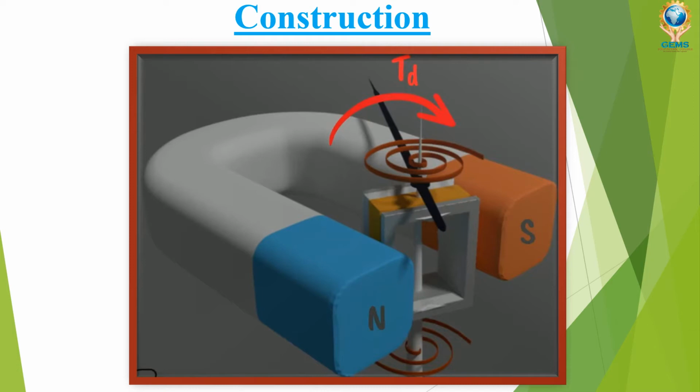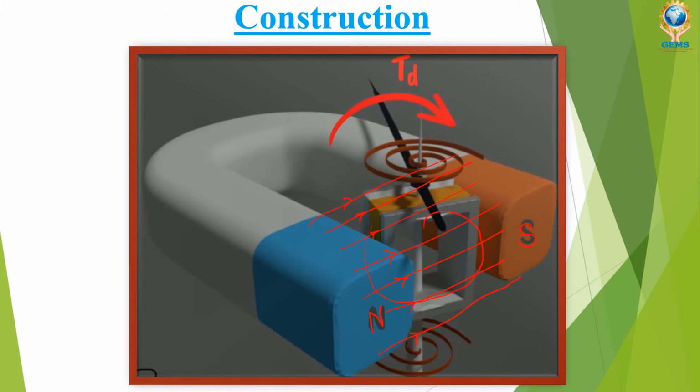Here you can see this is a magnet, north pole and south pole. In this magnet, flux is continuously flowing from north to south like this. And this one is the core.